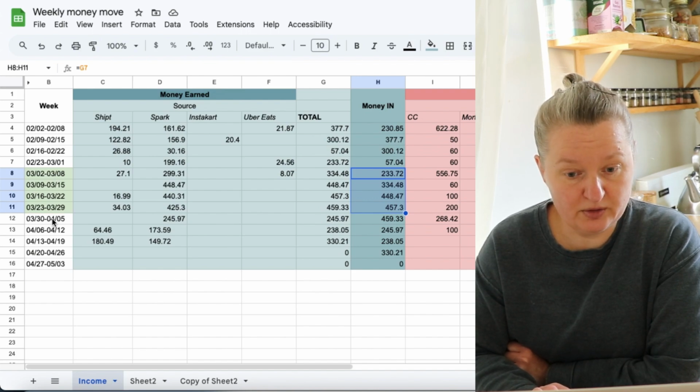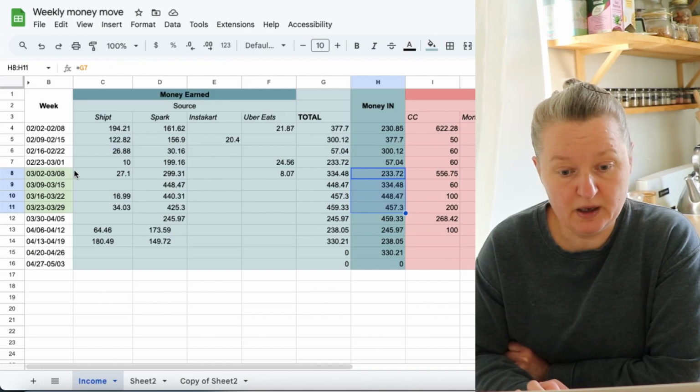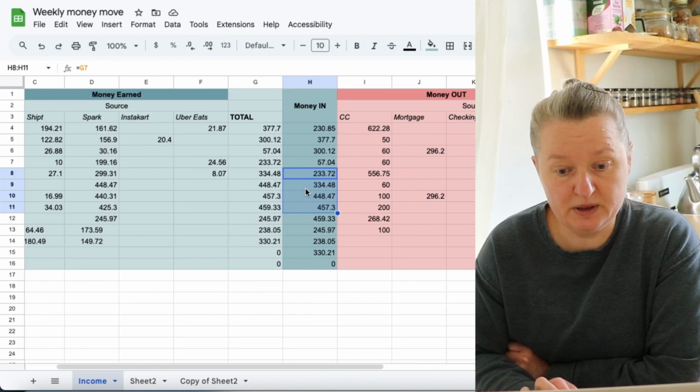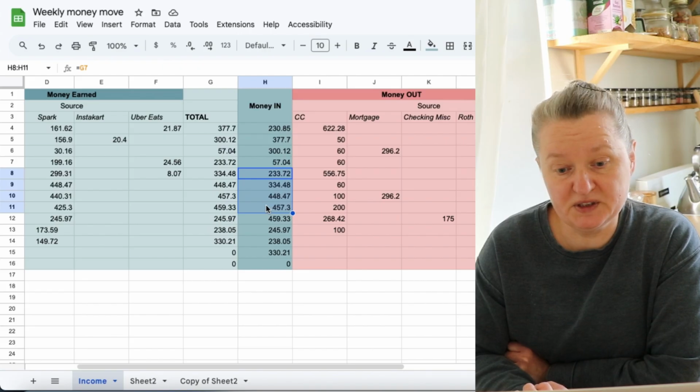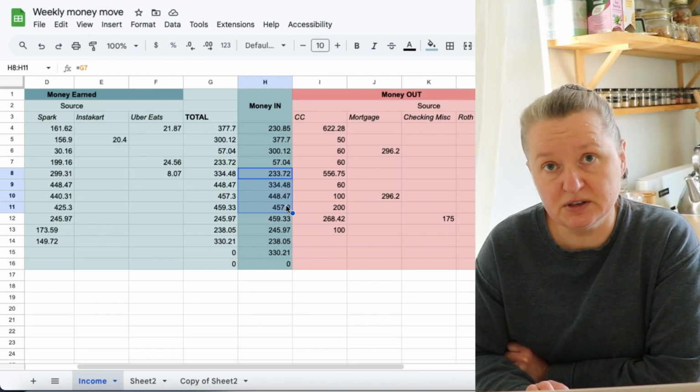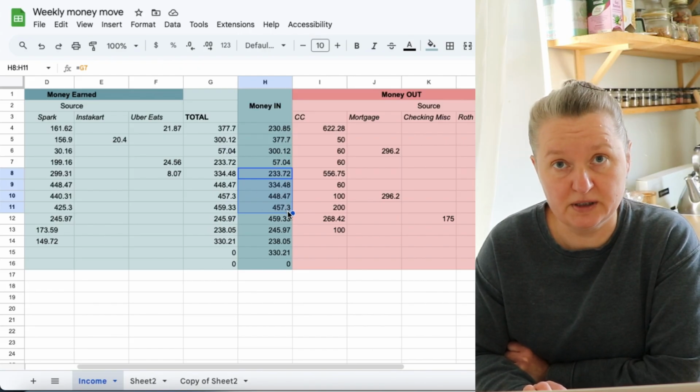My total income earned comes from this table, from my weekly logs. For consistency, I'm taking the weeks from March 2nd to March 29, and I will be listing income, what was actually deposited to my bank account. Because of the specifics of my work, I'm doing deliveries and getting paid weekly.